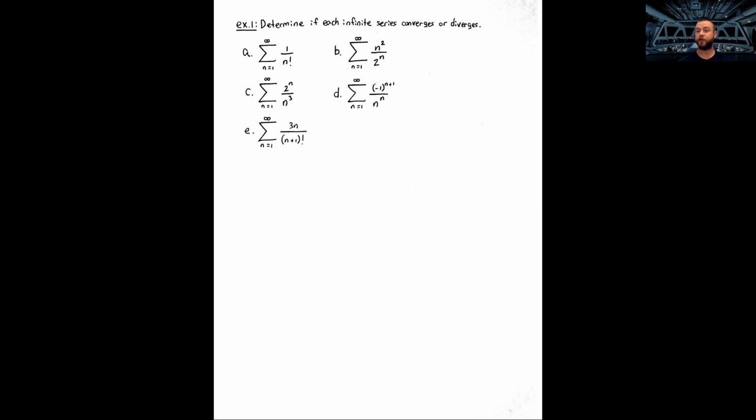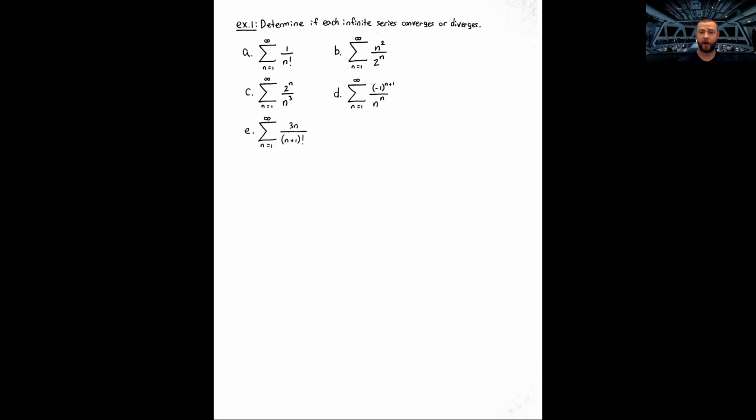Recall our first theorem, first result in this lecture. We said absolute convergence implies convergence. So if we can apply the ratio or root test and we get the limit value being greater than or equal to 0 but less than 1, then it converges absolutely, which implies our infinite series converges.